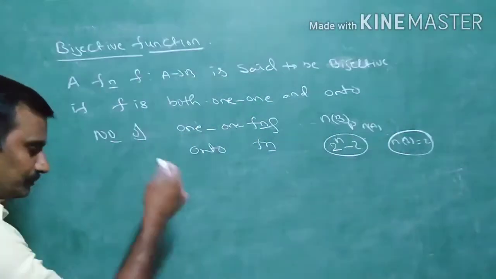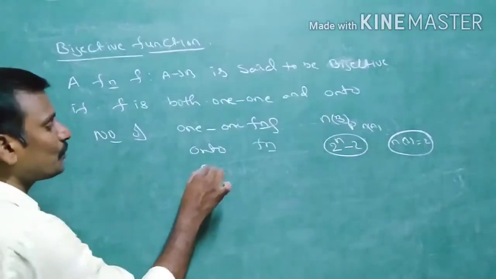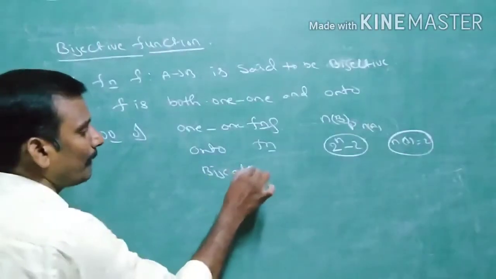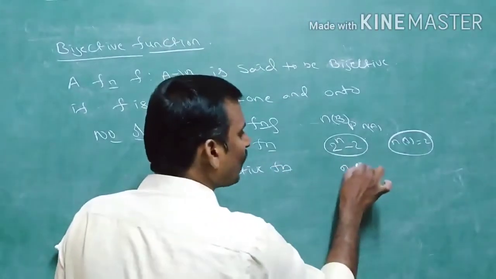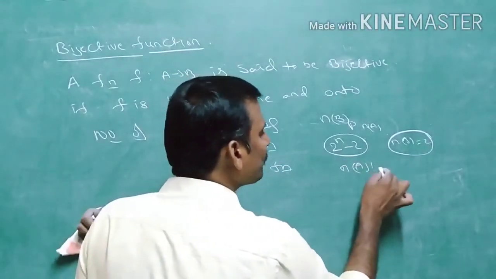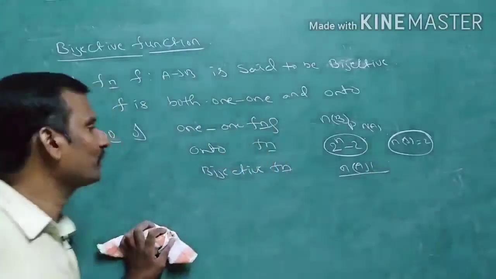Next, the number of bijective functions is n(A) factorial or n(B) factorial.